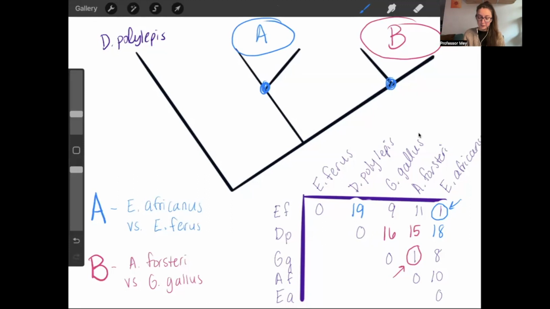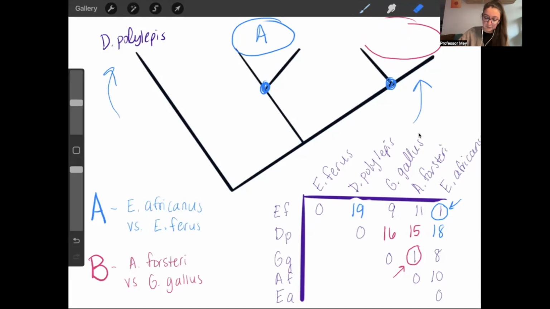Now, if we put A. forsteri and G. gallus on the furthest part of the tree, in other words, the most recent, would it make sense that they have fewer differences than D. polylepis versus E. ferris and E. africanus? It doesn't really make sense, because the group that ends up on this far end of the tree should have the most differences from the opposite end of the tree. So no, we're not going to put B here.